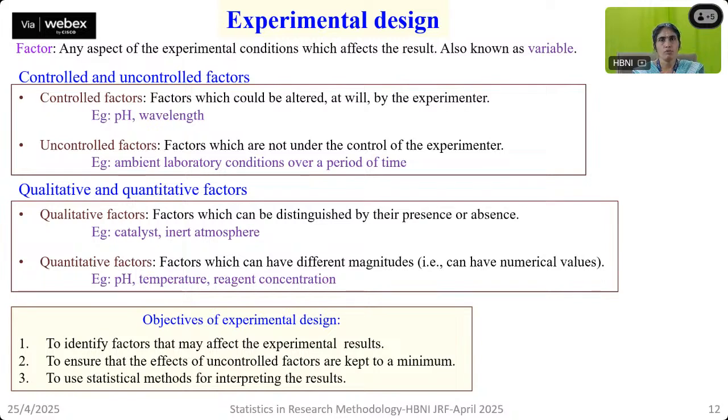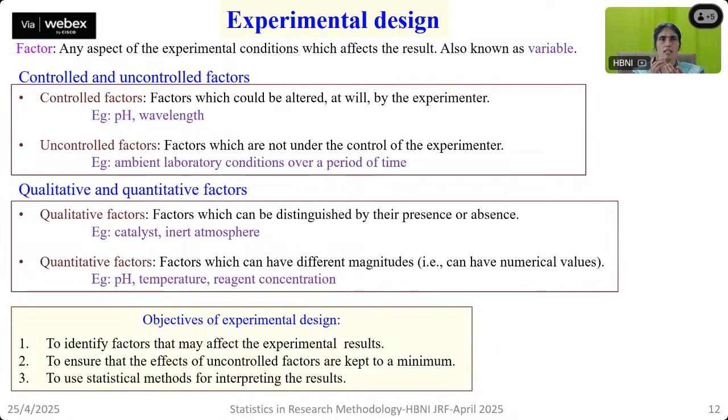When we try to design, pre-plan an experiment, what we do is identify what I'm supposed to do and identify factors which are going to affect the experiment, whether they hold much sway over the experiment, whether I can control them, minimize them, or whether they are uncontrolled.